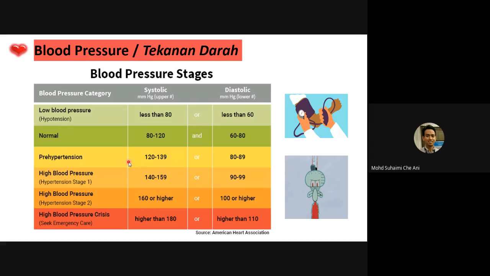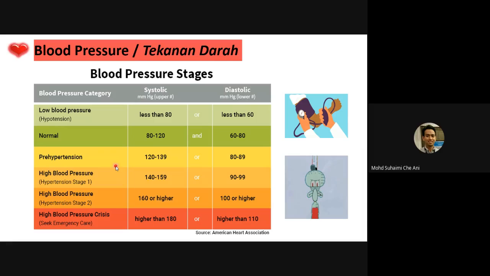This one is still okay, but the person needs to take care of their health in order to avoid hypertension stage 1, stage 2, or the crisis one. The crisis is more than 180 for systolic and diastolic more than 110. This one is very dangerous and can lead to death. So it's better for you to take care of your heart in order to avoid hypertension.